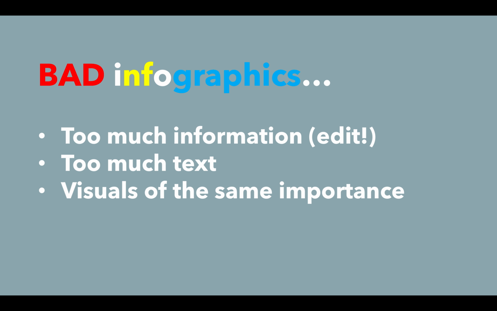Visuals of the same importance. What this essentially means is visuals of the same size, of the same look. If everything is the exact same size on a page, like if everything kind of looks like a grid, that's fine technically because you can see everything, it's all legible, but you're not really asking for someone to travel through the page in a way that's interesting.